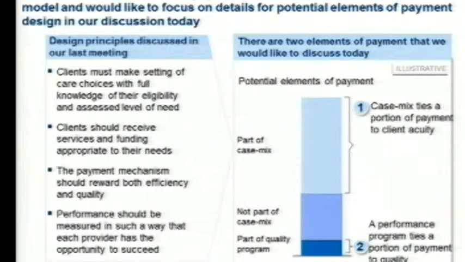Finally, performance should be measured in such a way that each provider has the opportunity to succeed. And in many ways, all of these principles can be translated into mirror images across the payment improvement spectrum: medical care, developmental disabilities, behavioral health, long-term service and support, patient-centered medical home. Same principles apply.